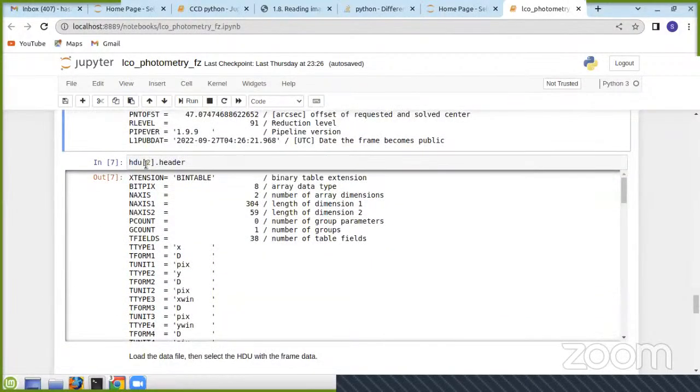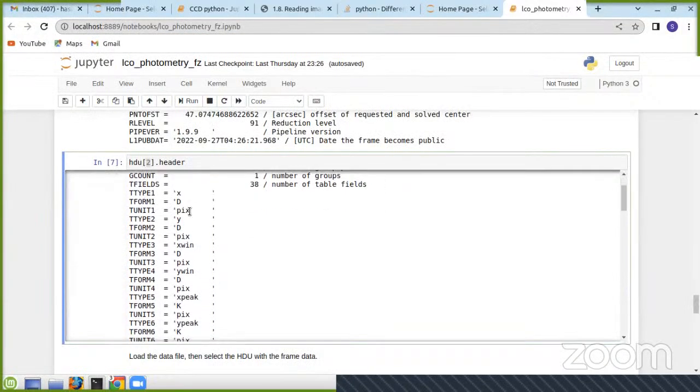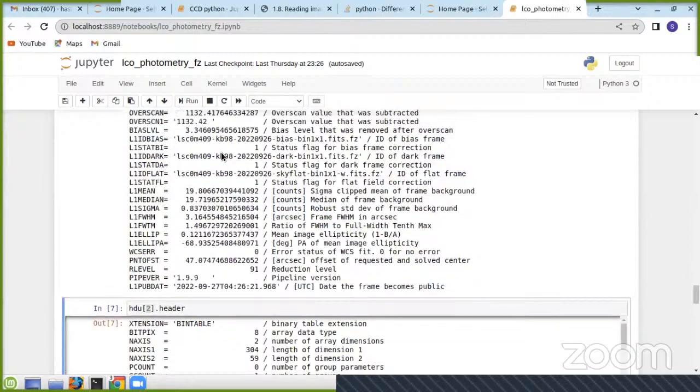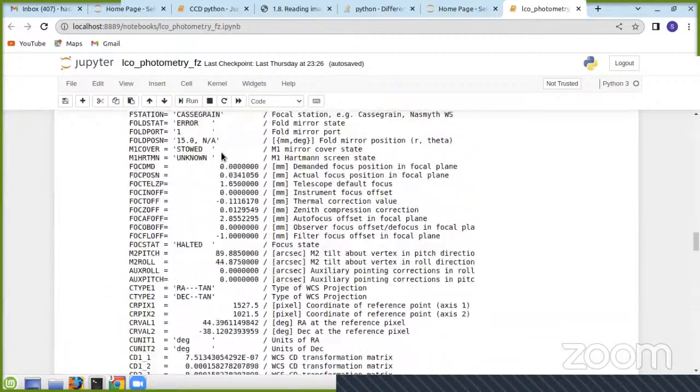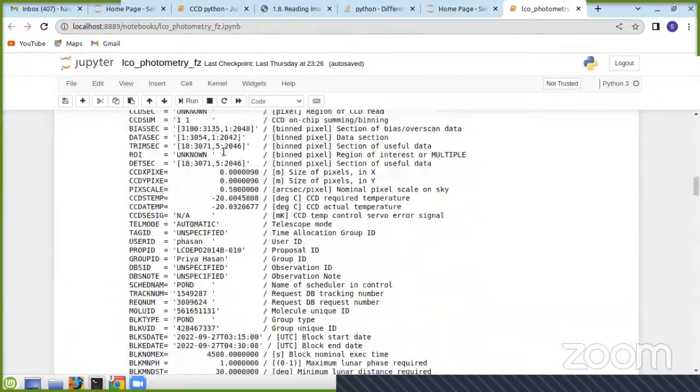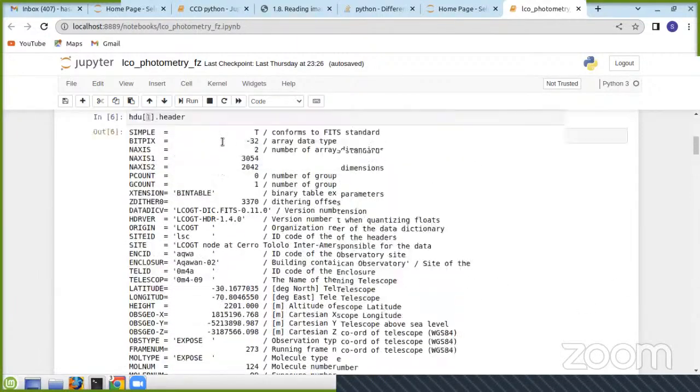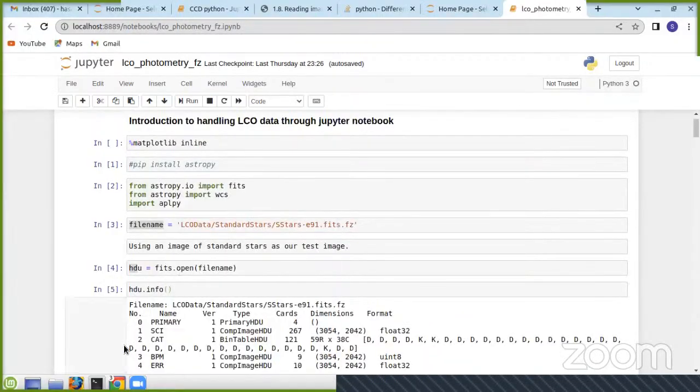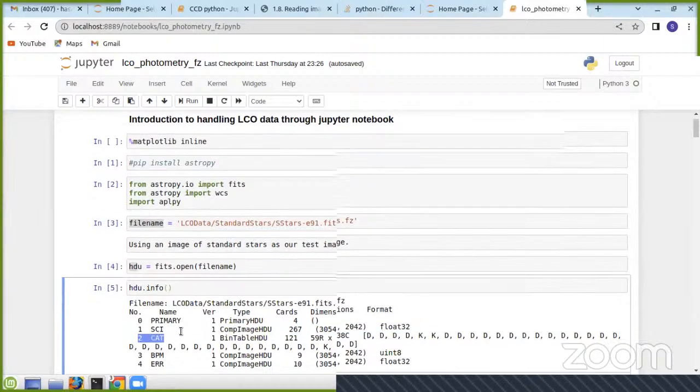And then similarly, you can put hdu[2].header, and it says it's a table, right? If you remember when we saw hdu.info, you noticed that the second one was the catalog, right?